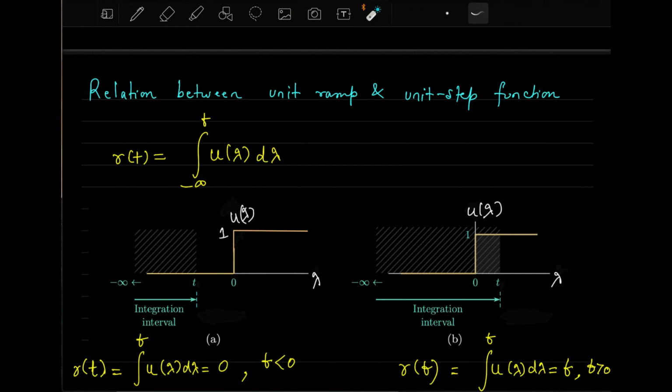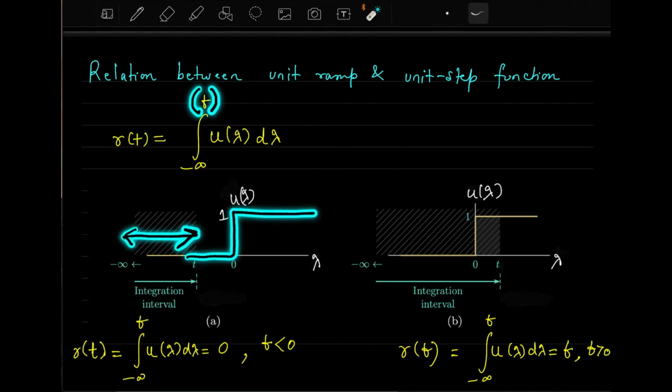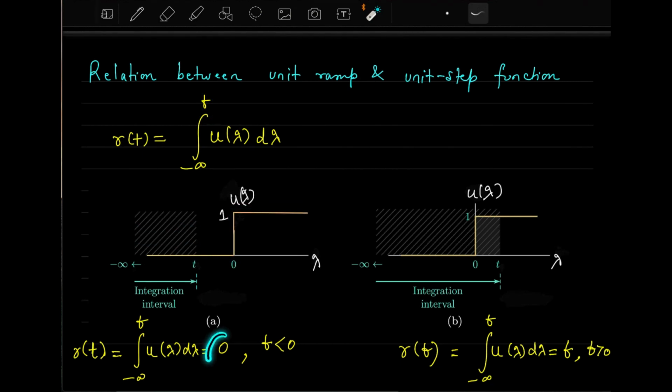Again, here I'm showing you the same thing. If your integration limits, from minus infinity to t, lie outside the unit step, your value comes out to be 0. But if your integration limits enclose the unit step, then your value will come out to be t, because integrating this portion will give you this.